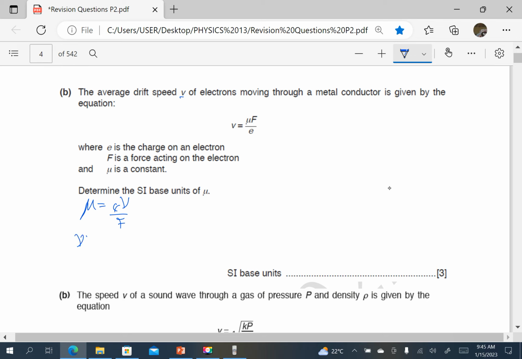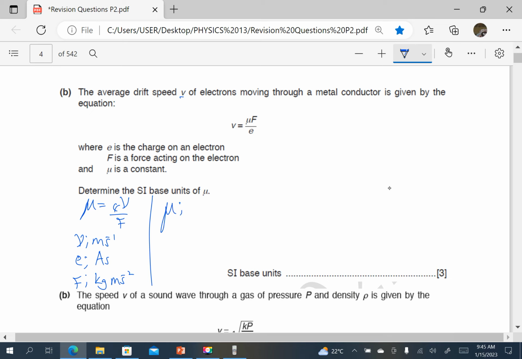V is speed, and speed is in meters per second. E is charge, and charge is ampere seconds because it is IT. Then F is force, and force is mass, in kilograms, times acceleration, in meters per second squared.